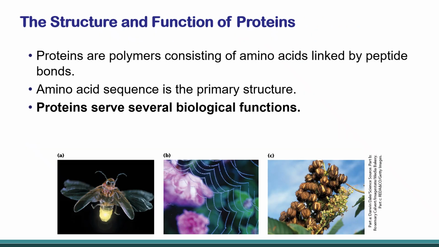Proteins are polymers, which are molecules that are made up of many repeating units of the same type. So the repeating units in a protein are amino acids, and the amino acids are linked in a particular direction by a covalent bond called a peptide bond.